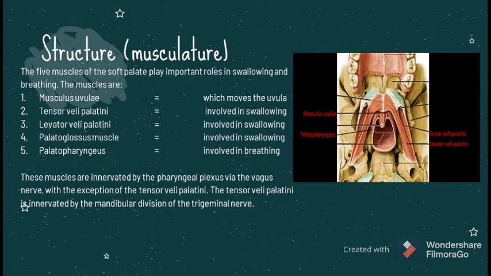So the 5th structure is palatopharyngeus, involved in breathing. These muscles are innervated by the pharyngeal plexus via the vagus nerve, with the exception of the tensor veli palatini. The tensor veli palatini is innervated by the mandibular division of the trigeminal nerve.